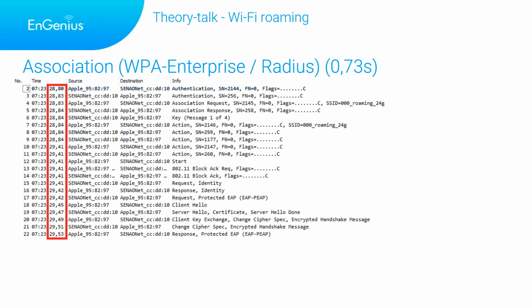We still need to find the right channel, so there's a little bit of extra time there, but it already takes about 0.7 of a second just to get the device to connect. And you can understand that with really basic roaming, if the device switches from one access point to another, your phone calls and maybe even your streaming services will suffer when you switch. So this is not what you want.